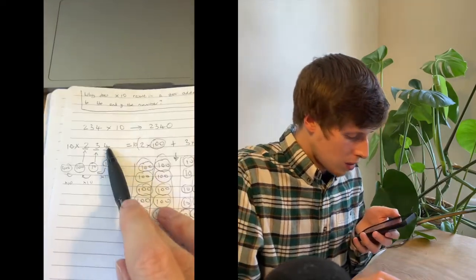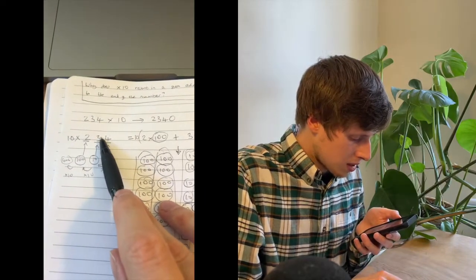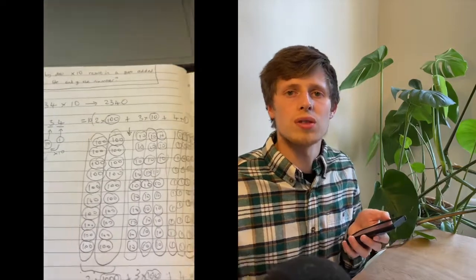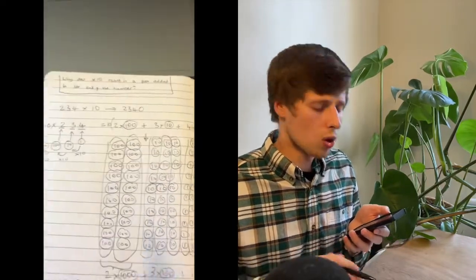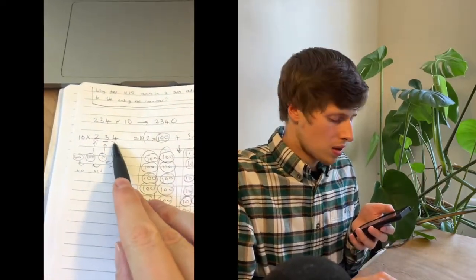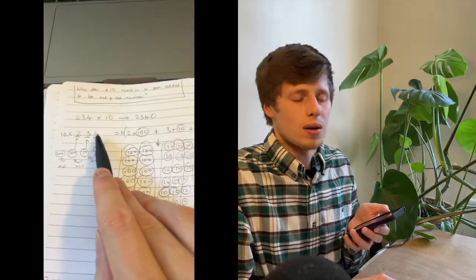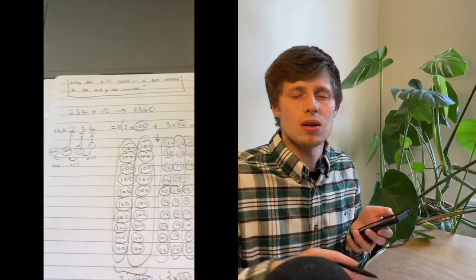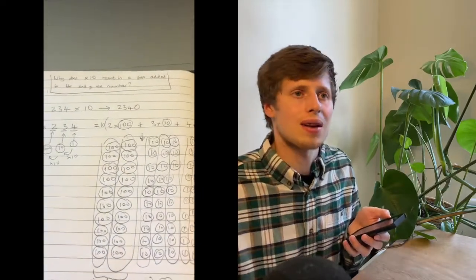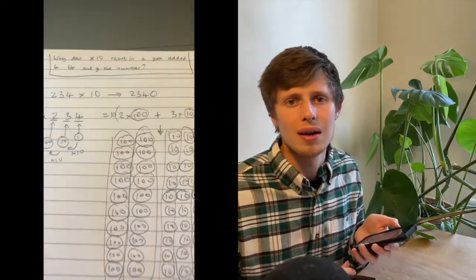Your 4 ones became 4 10s, your 3 10s became 3 100s. Can you see how all of the numbers are shifting to the left? Because they're no longer saying you have 4 ones, they're no longer just saying that you have 3 10s. You're actually having 4 10s, 3 hundreds. You're basically having that many of the next coin along.